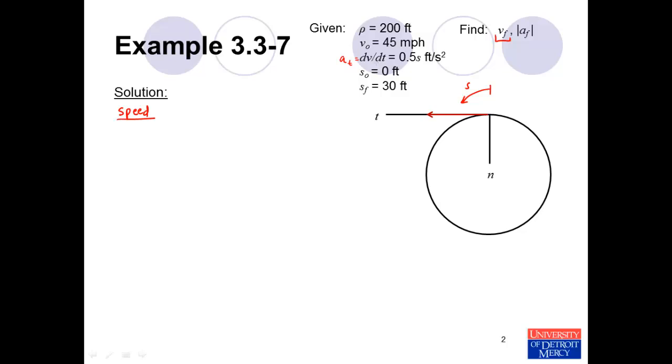Okay, and so if we think back to how we solved rectilinear problems, there were three basic kinematic equations that we could use. And there was one in particular that combined all of these things that were given. It has acceleration, it has velocity, and it has position.